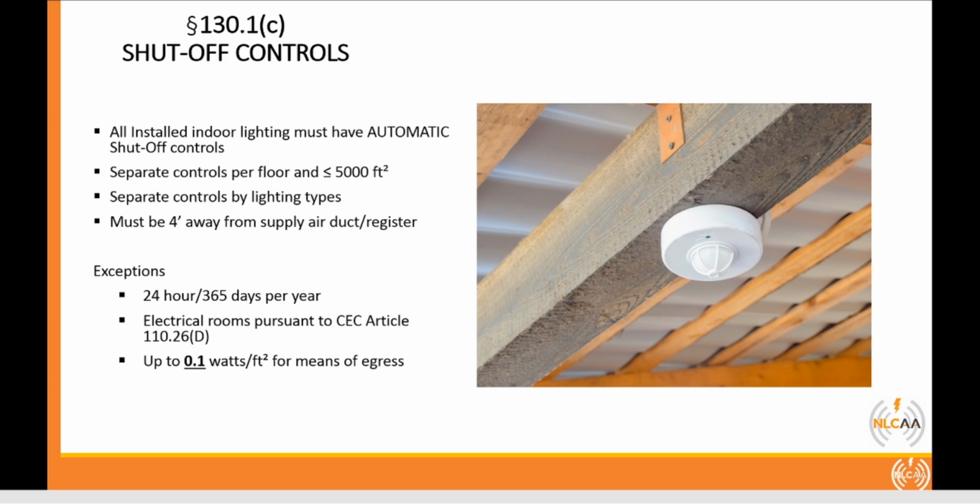So your exceptions for shutoff controls would be areas where it is serving and in operation 24/7, 7 days a week, 365 days a year. So an example space I can think of would be maybe a hotel lobby, check-in. Obviously those areas will pretty much be in operation all year long.